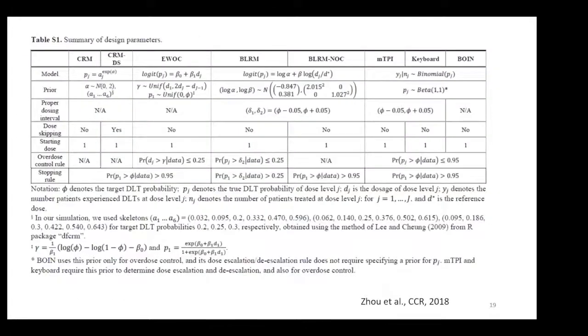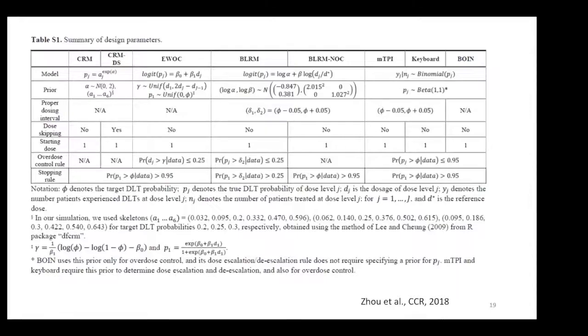So this slide is probably for statisticians. If you want to understand how the model prior assumptions work, how the posterior probability or posterior distribution gets updated, and what the overdose controls are. This is one of the tables borrowed from a publication, a paper.